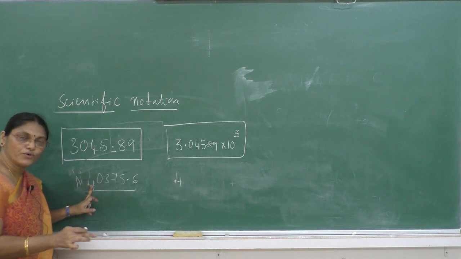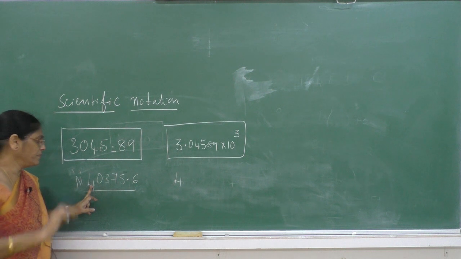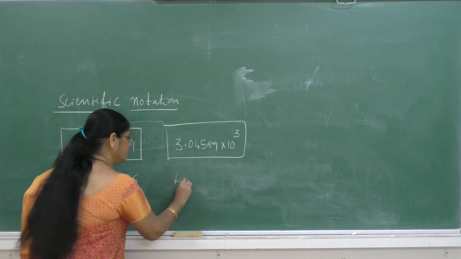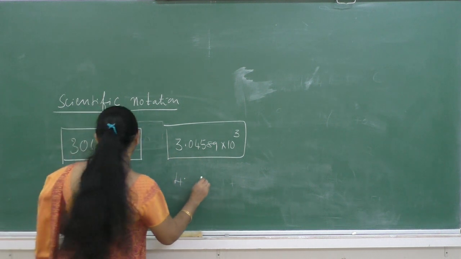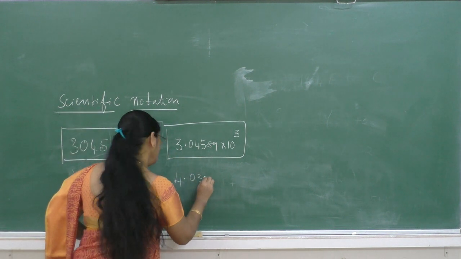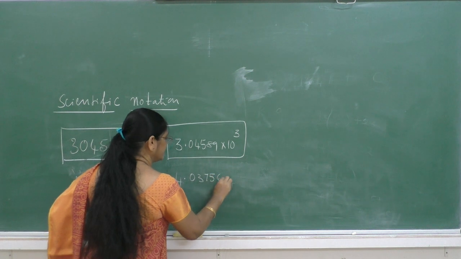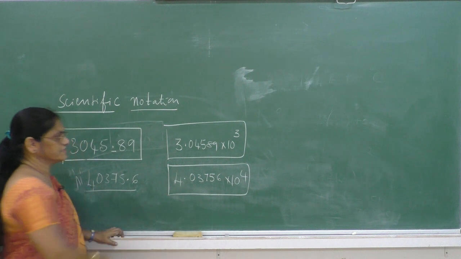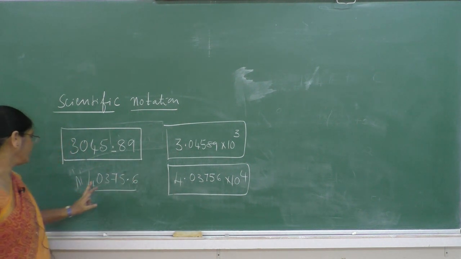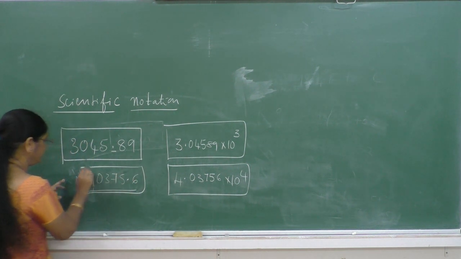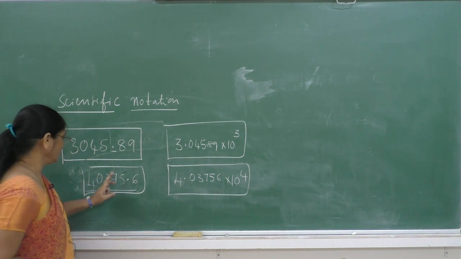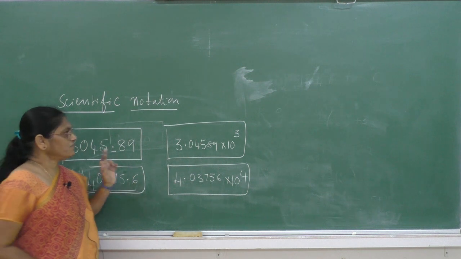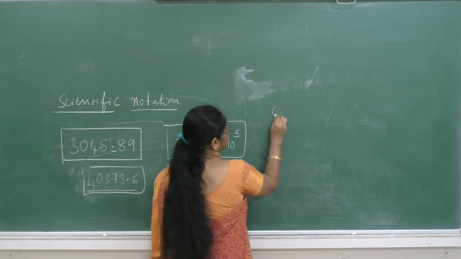So therefore, 4 is the exponent of 10 in the scientific notation. So 4.03756 into 10 power 4. So this is the scientific notation of the number 40375.6.